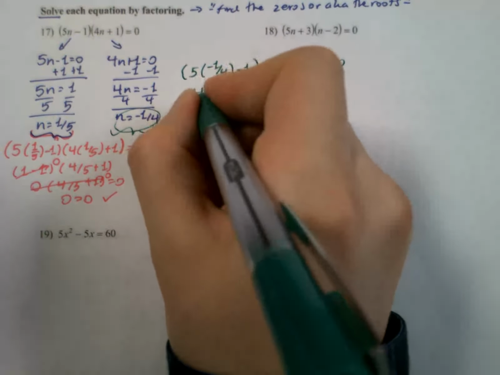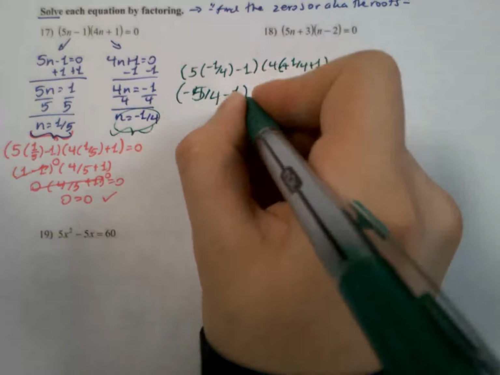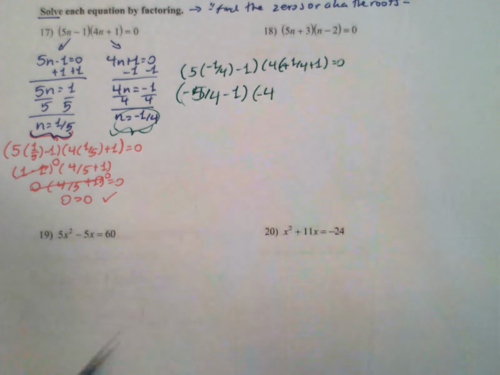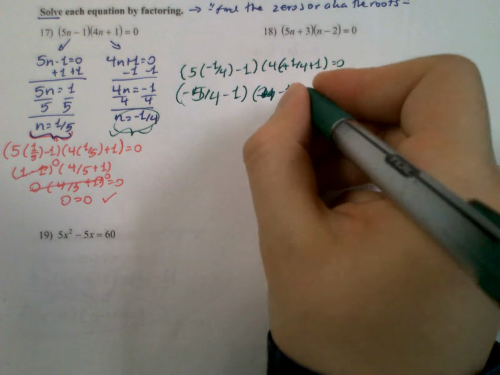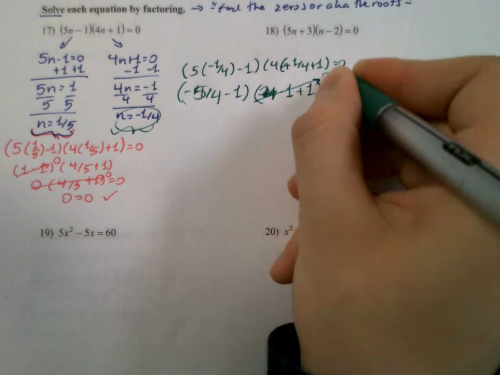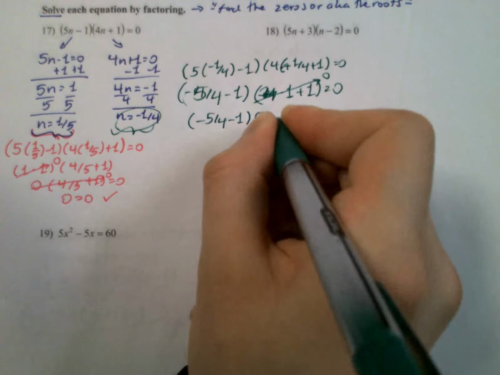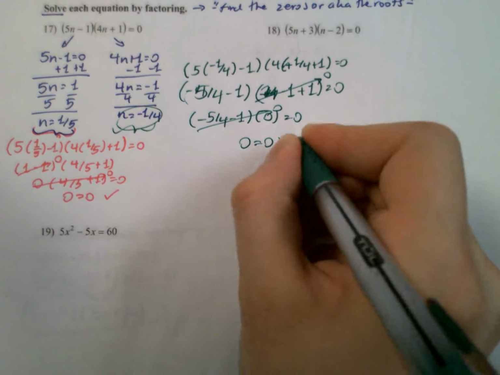I would get negative 5/4 minus 1. Again, I really don't care what happens here because I get negative 1 plus 1 equals 0. That whole thing goes to 0. So I have negative 5/4 minus 1 times 0. This whole thing goes to 0, so 0 equals 0.